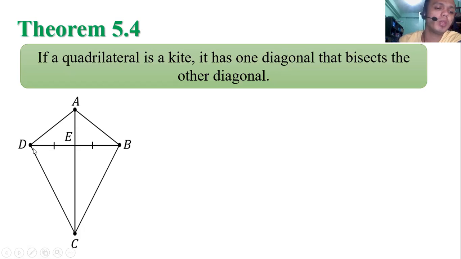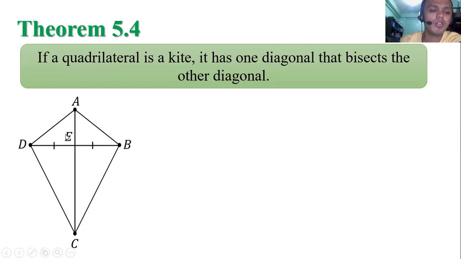So as you can see here, in a kite ABCD, now we have two diagonals. We have diagonal AC and DB. Now between these two diagonals, only AC can divide or bisect the diagonal DB, but DB cannot bisect AC. Okay?